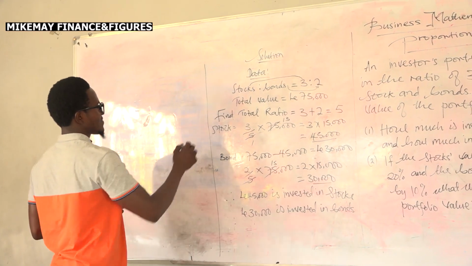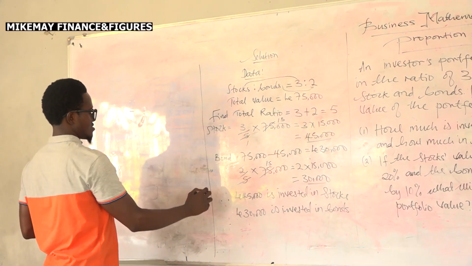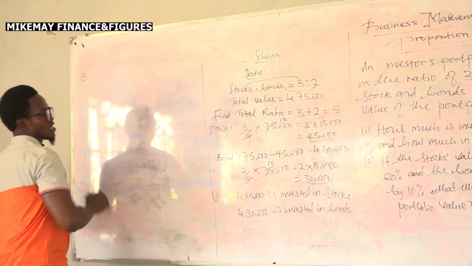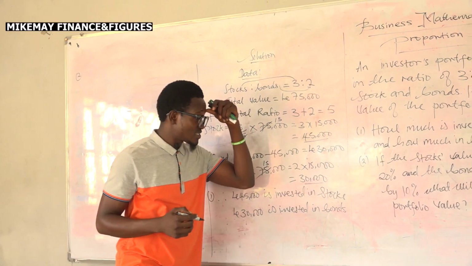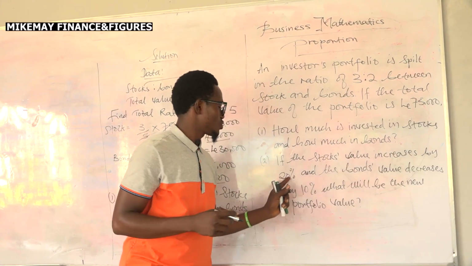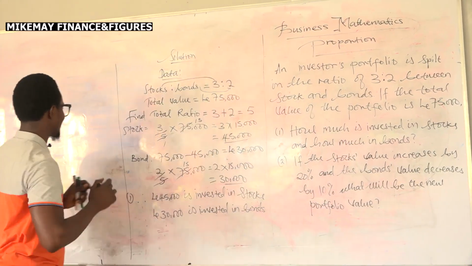The number 2 aspect of the problem is saying, if the stock's value increases by 20%, look at something.